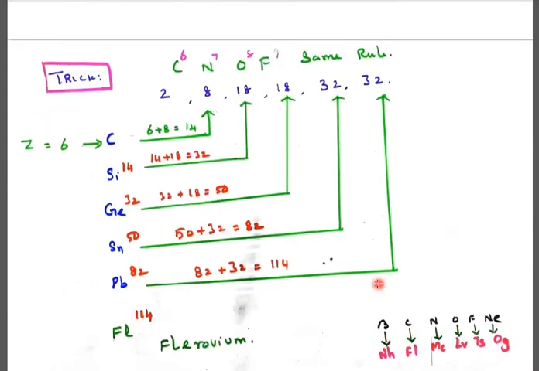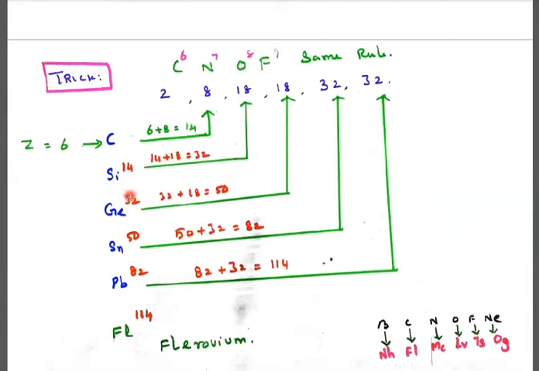To identify these, it is dead easy by adding: 2, 8, 18, 18, 32 and 32. So flerovium, 114, is placed under the carbon family. If you add 8, you get the atomic number of silicon.